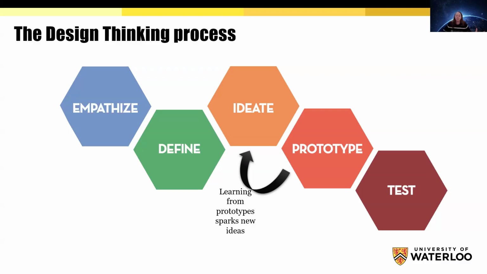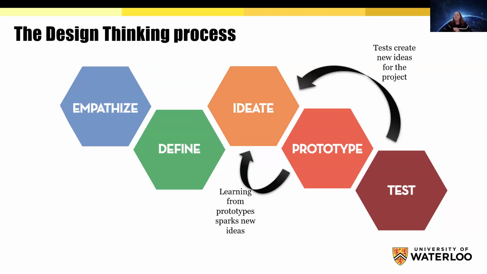For example, maybe when we get to the prototype stage, it sparks new ideas, and then we go backwards to the ideate stage to create more ideas before moving forward. And maybe those are better than the ones you initially thought of. Maybe when we get to the testing stage, we come out with different ideas, so we go back to the brainstorming stage.